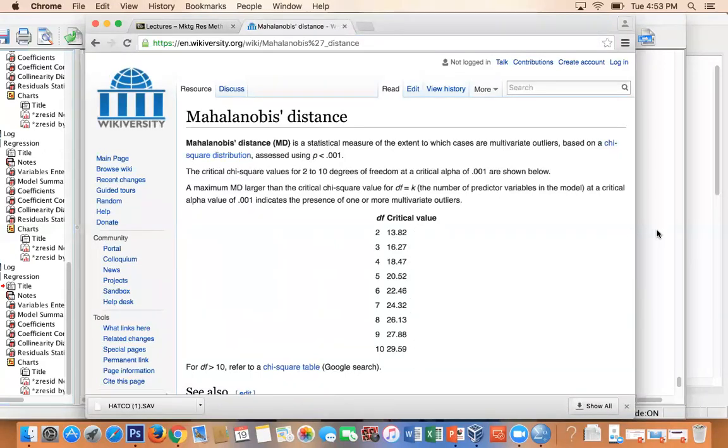Okay, now you can ask me what is the difference between this and the individual outlier? So this is called a multivariate outlier. Just because you have an outlier for one particular case does not make that particular case bad. Okay, it certainly depends on how that particular outlier relates to other responses, right?